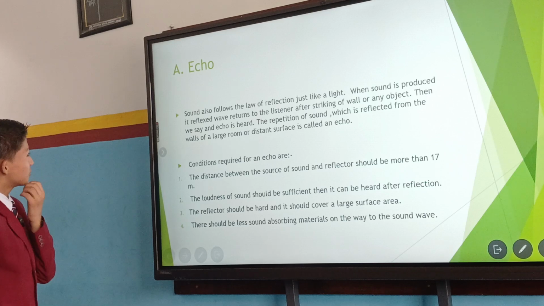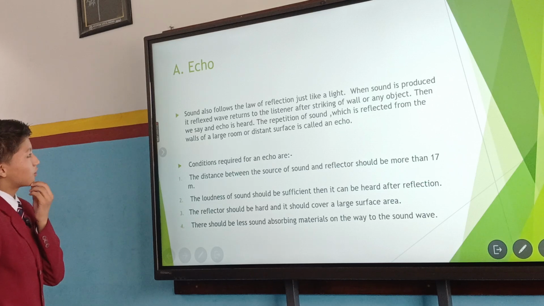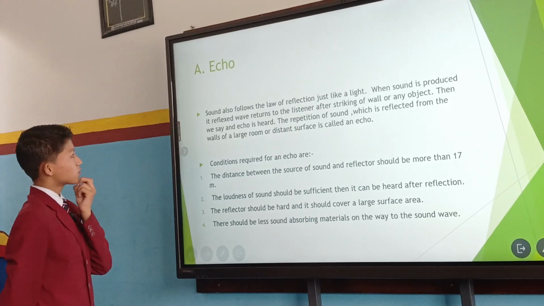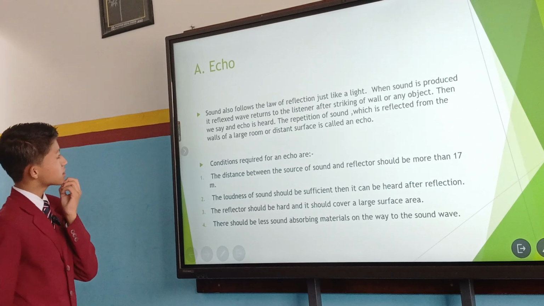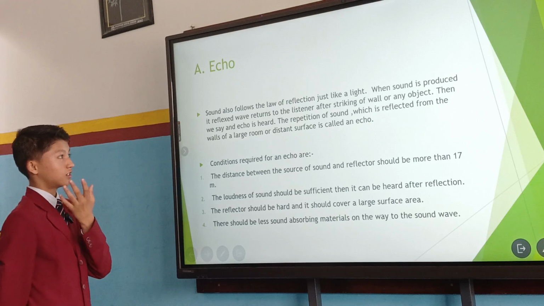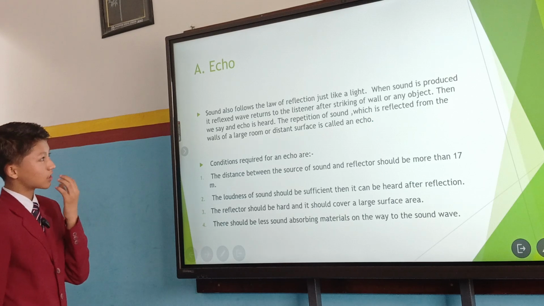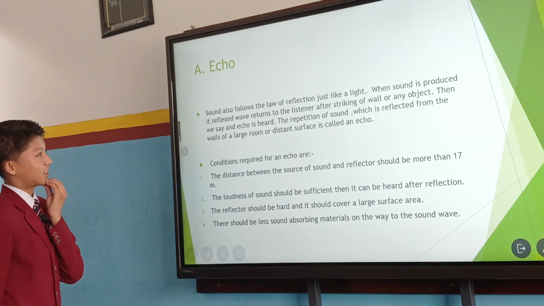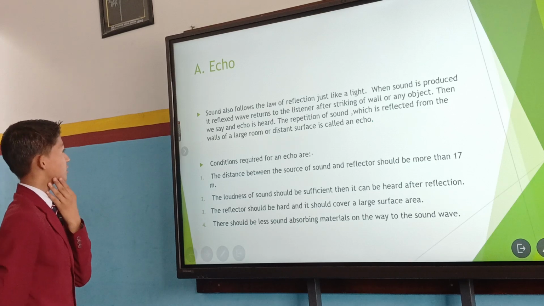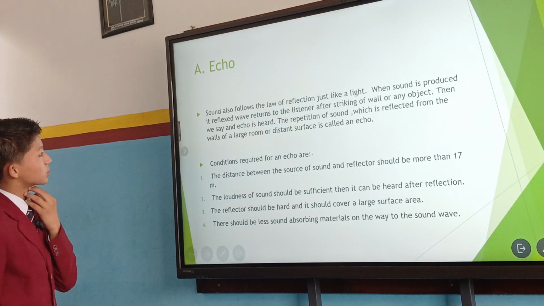Another topic is echo. Sound follows the law of reflection just like light. When a light strikes the mirror, then it reflects toward another direction. When sound is produced, the reflected wave returns to the listener after striking the wall or object.